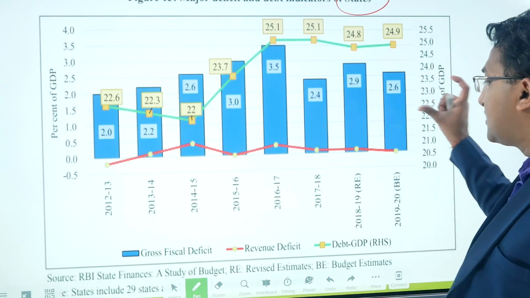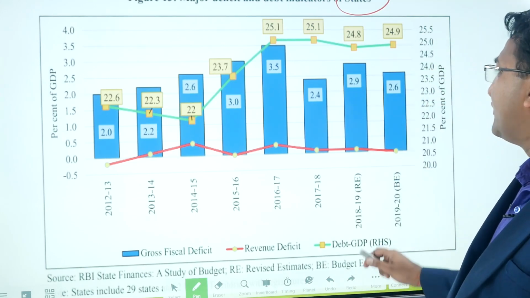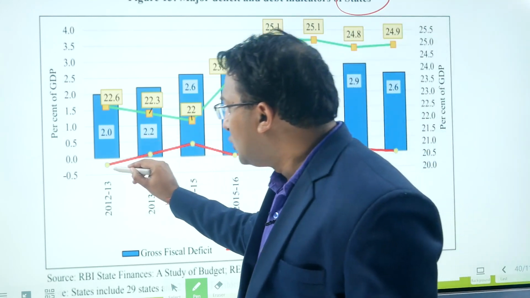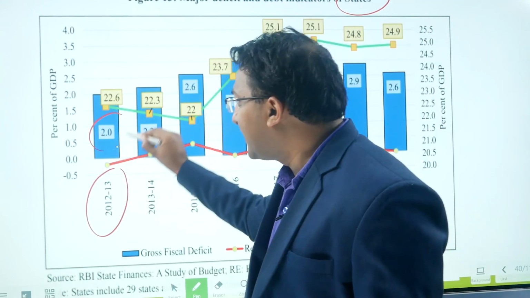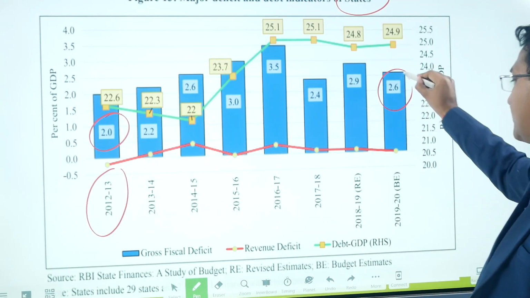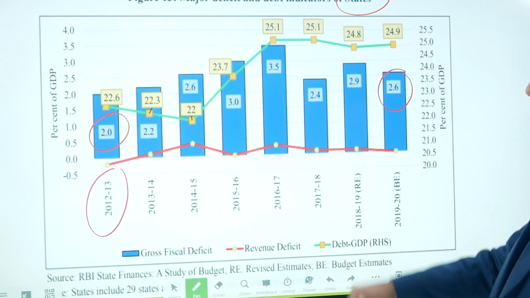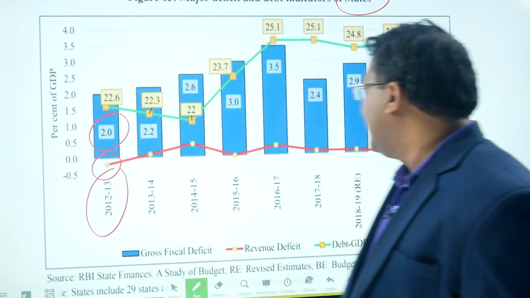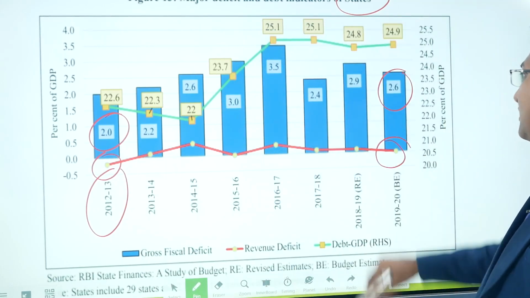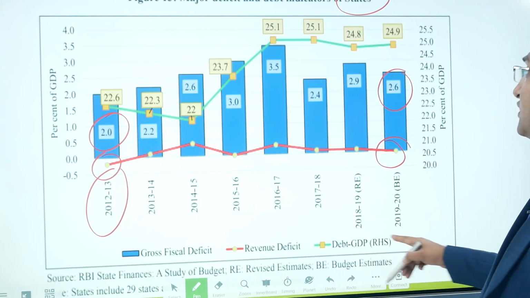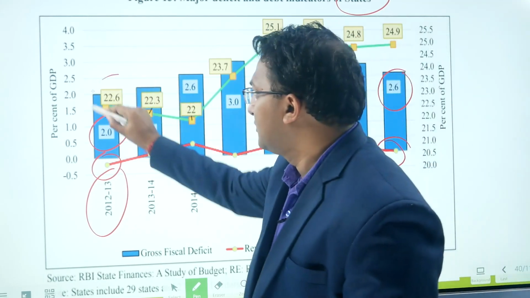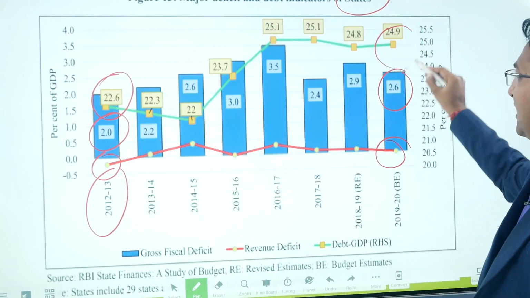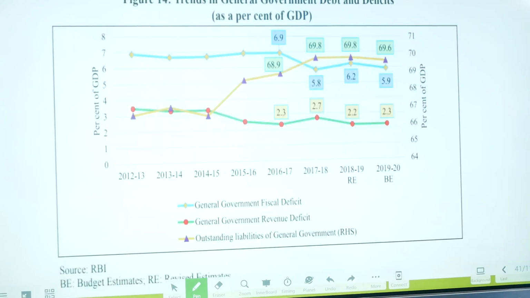If we talk about the states, gross fiscal deficit, earlier in 2012-13 it was 2%, now it is 2.6%, so there is an increment. Revenue deficit, earlier it was very less, now it is a little bit higher. Debt to GDP is also increasing, right? So comparatively it is increasing.